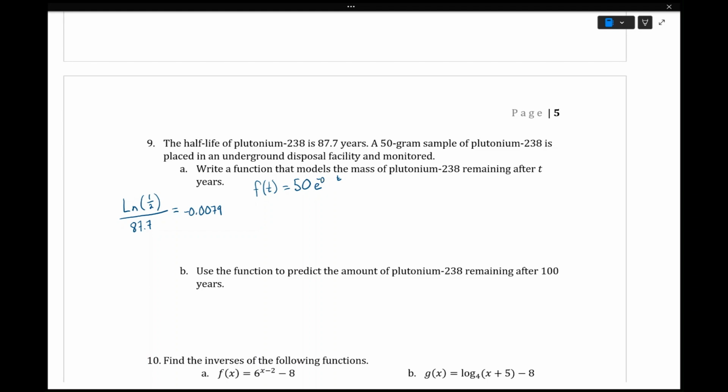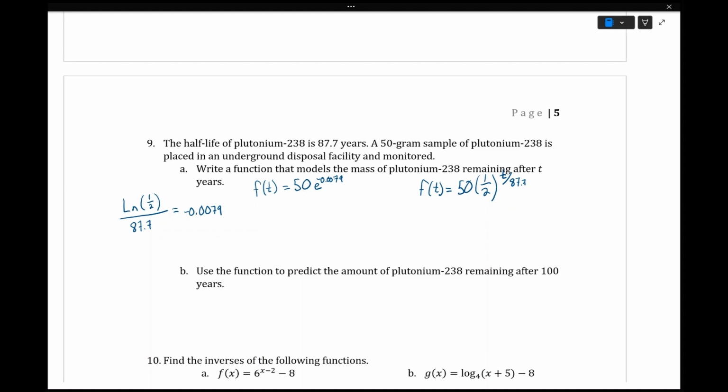Alternatively, the way I could do this is if I don't want E to show up, I can use the fact that this is a half-life. So if it's a half-life, it's going to get multiplied by 1/2 every 87.7 years. Well, how do I represent that? I take my number of years and divide by 87.7. So that way, it cuts it in half every 87.7 years.